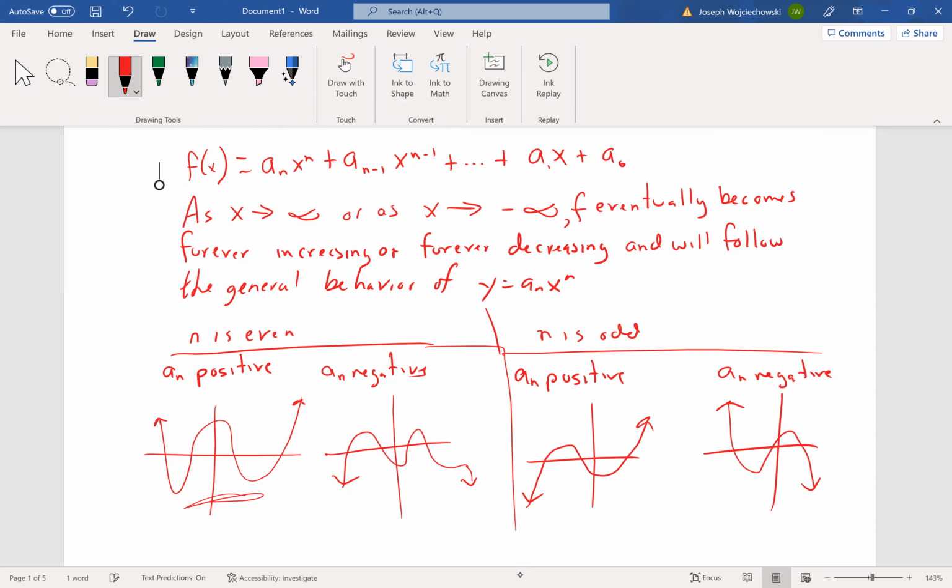So note, with an even value of n, both of the ends face the same direction, either up or down. Whereas for an odd, one faces down, one faces up. One goes to negative infinity, one goes to positive infinity.